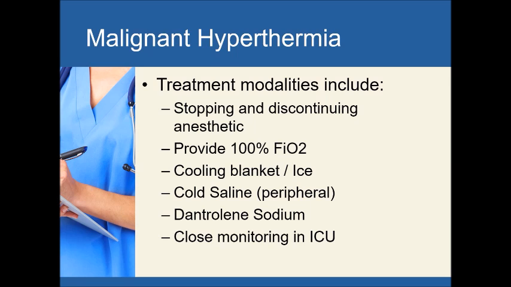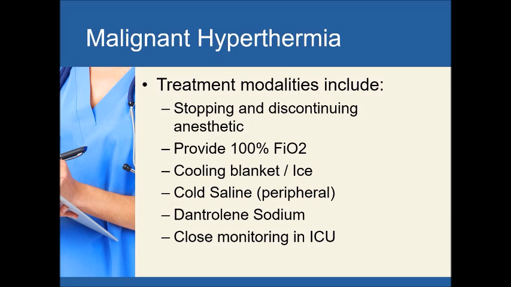Apply cooling blankets or ice in the groins and under the armpits. When we use a cooling blanket or the ice, just ensure that we check the skin and we check CSM, because they can actually cause some frostbite.